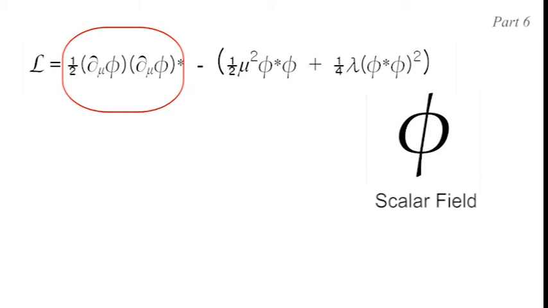The kinetic energy of the field involved derivative terms, the rate of change of the field with both space and time. This means that the kinetic energy of the field is to do with the stretching of the field in space and how it changes with time.